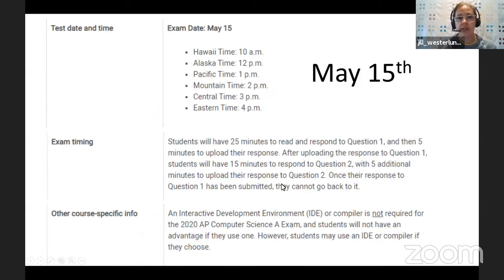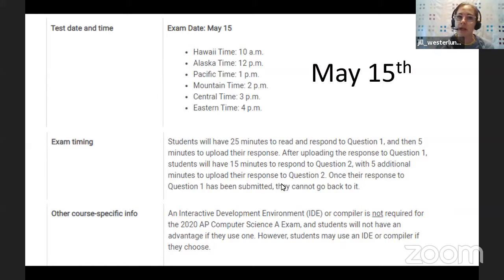On the next slide, our test date, like I said, is May the 15th. That's a Friday. I think it's 6 weeks from today, if I did my calendar right earlier today. And you see the times. Hawaii and Alaska, it'll be morning for you, all the way over to Central Time where I live and Eastern Time where Mr. Schultz is.